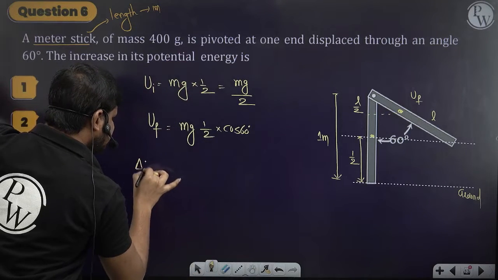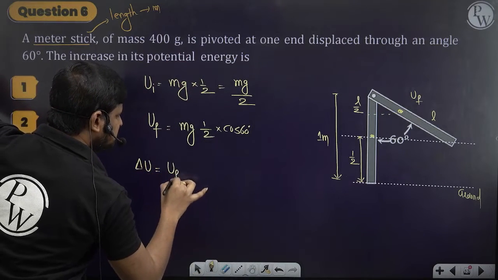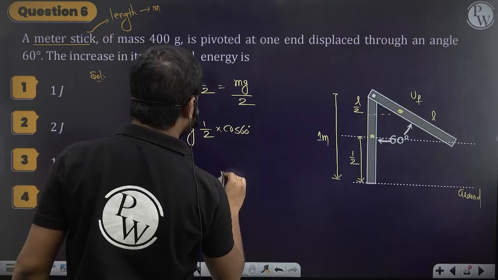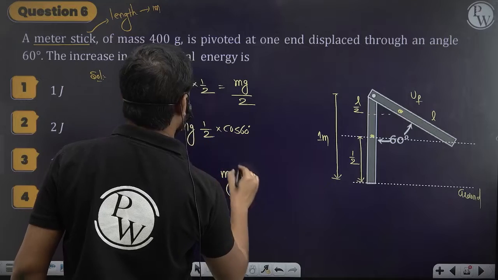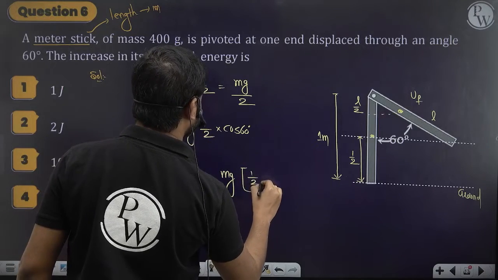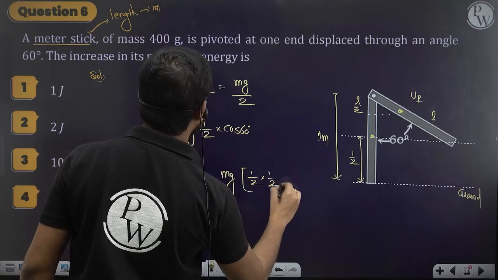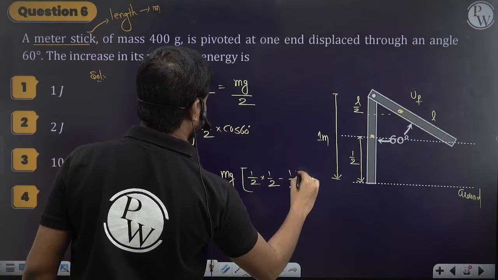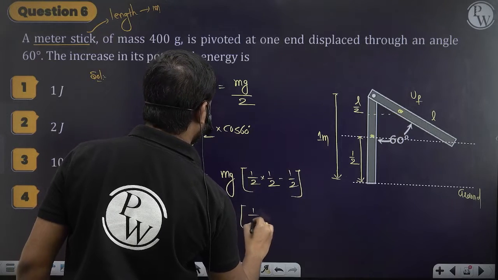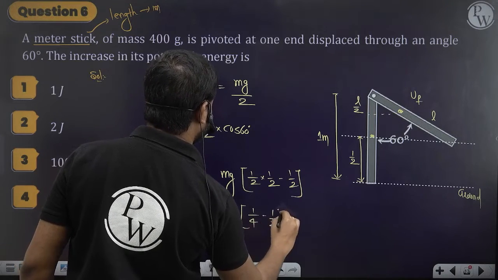Now let's write the change in potential energy, which is U final minus U initial. I can take mg common in both, so final minus initial is 1 by 2 into cos 60, which is also 1 by 2, minus 1 by 2, which is mg into 1 by 4 minus 1 by 2, right?